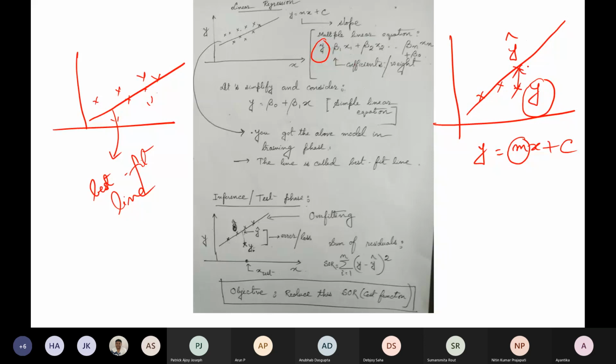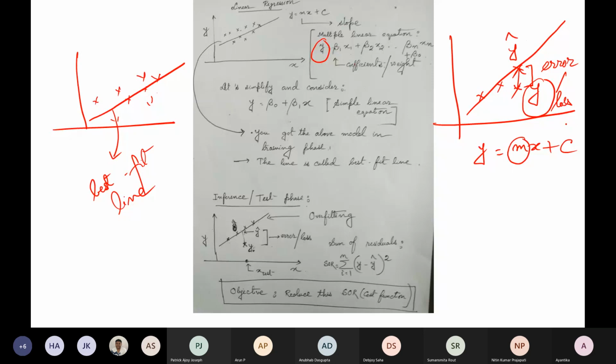In our general concept, this y minus y hat or y hat minus y is our error, or sometimes we term it as loss. In various cases, you will find these terms, but they mean the same thing. They indicate the difference between your actual outcome and your predicted outcome.